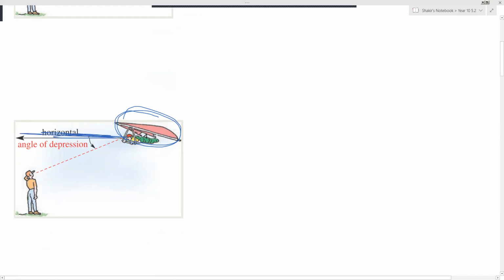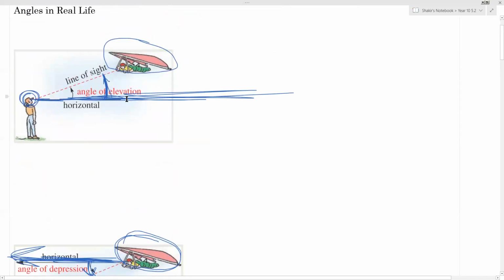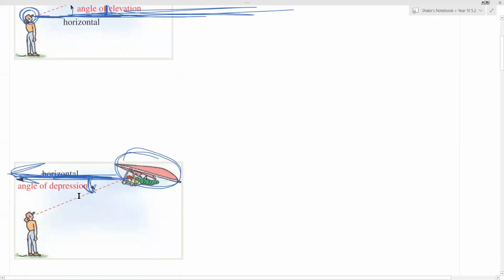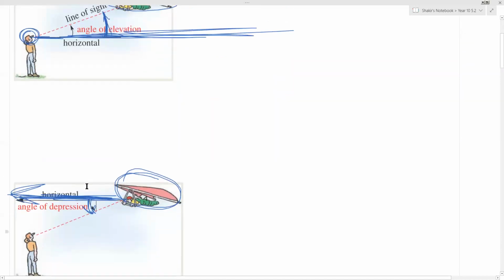That's the horizon right there, and then you look down. Because you look down, it's called depression. Depression, down, D, right? And elevation, elevate, to move up. So if you look upwards, it's elevation. If you look downwards, it is angle of depression. So hopefully you got those two terms.